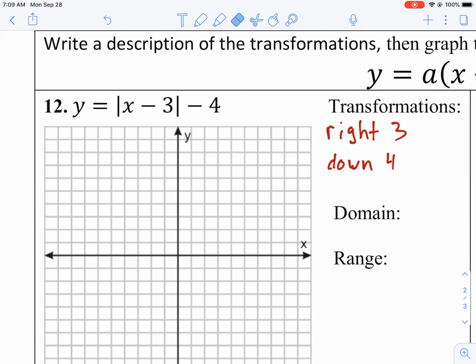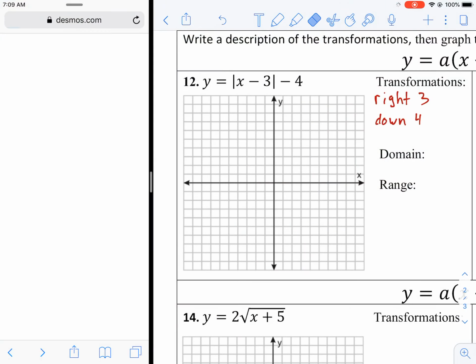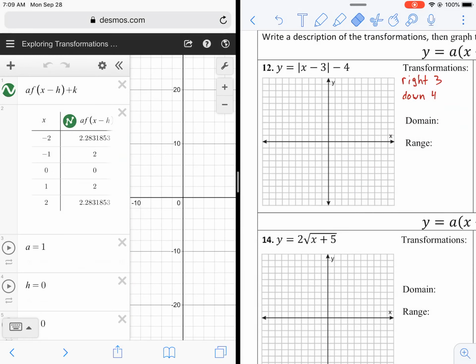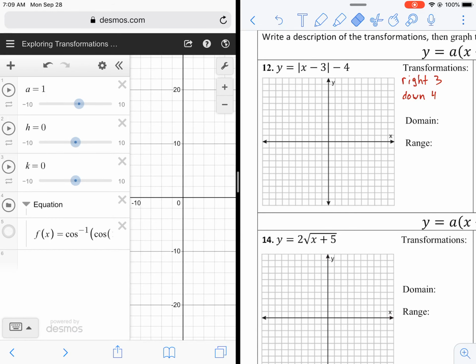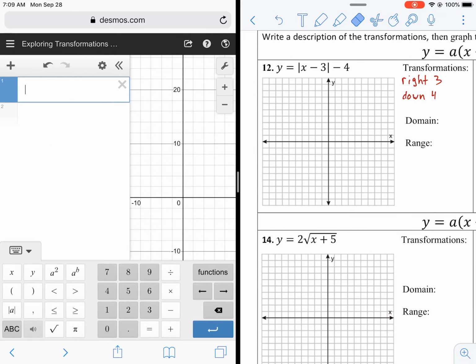Now, let's say you don't know how to graph this, right? Well, we can pull this open, and you can just type in this equation: y equals absolute value of x minus 3, and then minus 4.